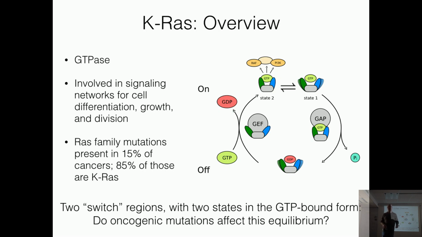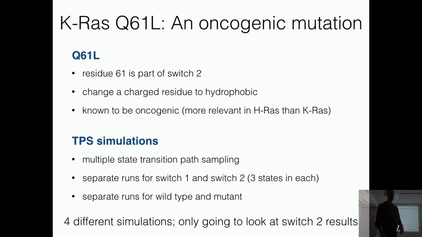So the hypothesis is that maybe a cancer-causing mutation shifts that equilibrium toward that state 2 so that it is active more. And so we wanted to look at the dynamics of KRAS to look at that. We're looking specifically at the Q61L mutation, which is oncogenic. Residue 61 is part of switch 2.